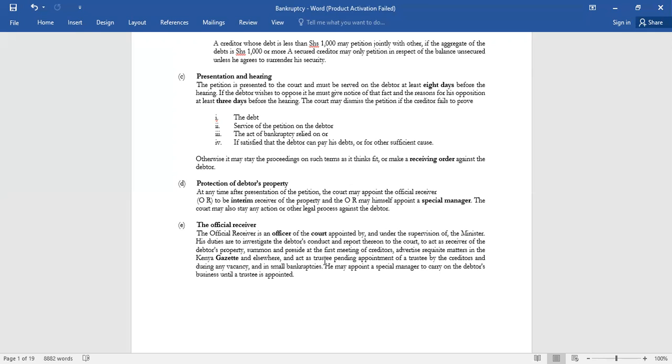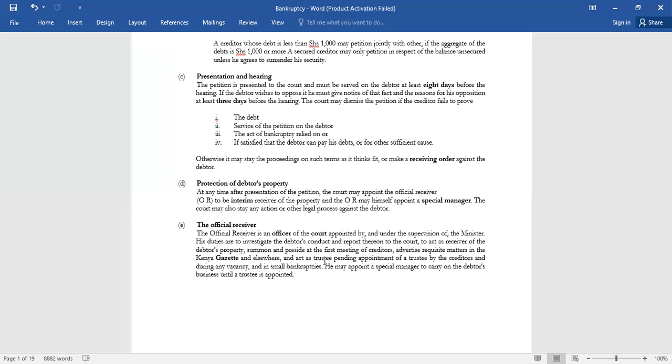If they don't agree, the decision of the official receiver stays until you come up with a trustee whom you believe will represent you. So during any vacancy, and in these small bankruptcies, the court will go ahead and have an OR, and he may appoint a special manager. The OR can go ahead and say, I want this person to be representing me on this particular matter.